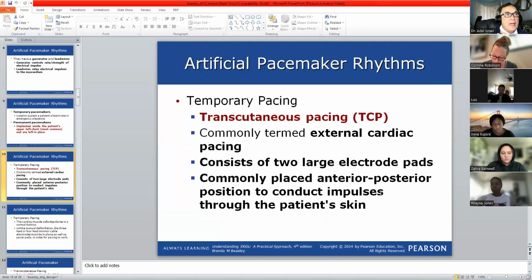If you had already taken the CPR course, you are going to be familiar with this AED technique. So this is the temporary one. We are not using this as a permanent one.